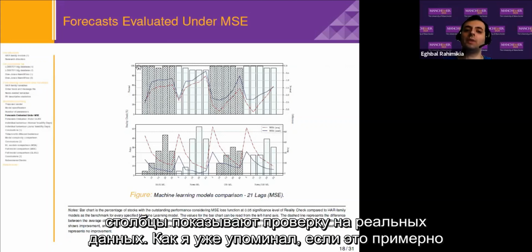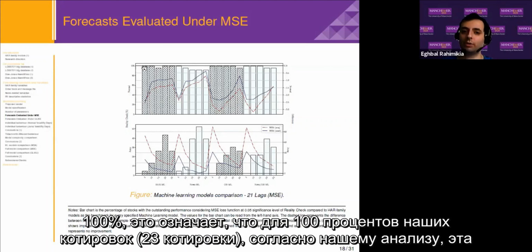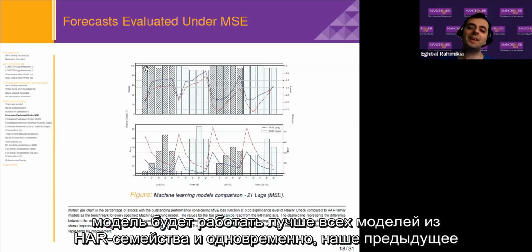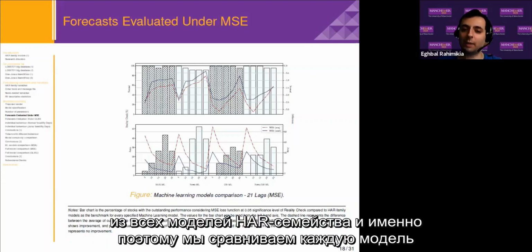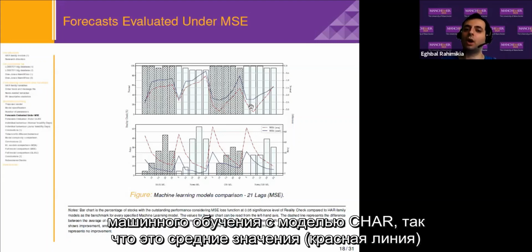As I told you, if it's something like 100%, it means that for 100% of our 23 tickers, this model is beating all Haar family models. And our previous research showed that the C-Haar model has the best performance among our Haar family models, which is why we compare every machine learning model with the C-Haar model.